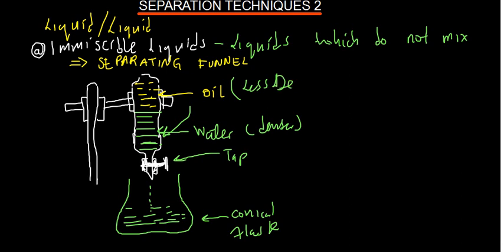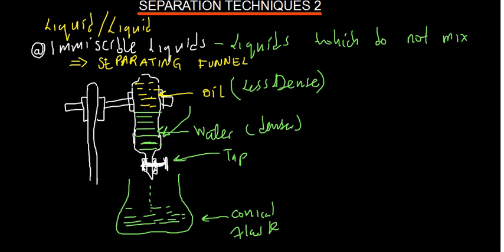So the liquid which is less dense is the one that you are going to see in the funnel after the denser liquid has poured away. Right. Is that okay? Yes, it's okay. All right. So basically this is how we separate a liquid which is immiscible from another liquid.